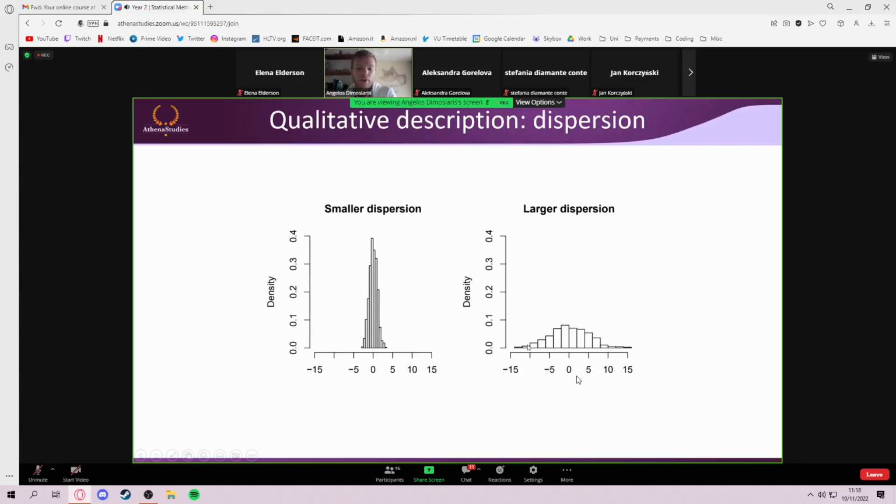This has to do with the range, because the range is between the minimum value and the maximum value. So let's say that you have two different samples, and you can already just give the range, and it will give you an indication of how the values distribute around the mean, right? So here you have a smaller range, so a smaller dispersion. Here you have a larger range, a larger dispersion.